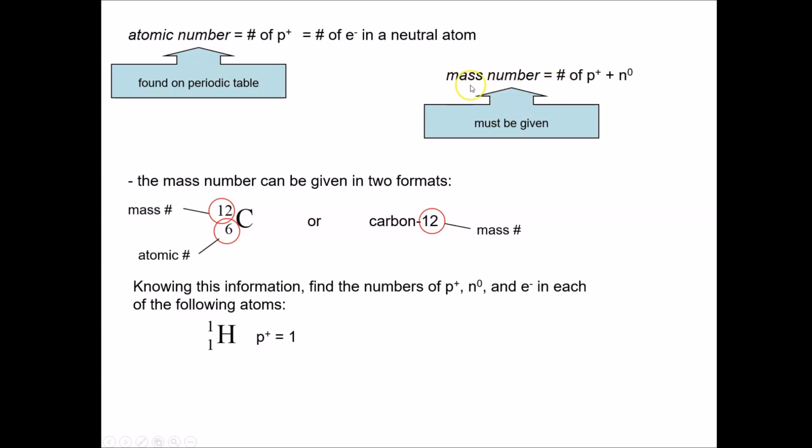So in other words, if you take mass number minus atomic number, that should give you just neutrons. So mass number, which is 1, minus atomic number, which is 1. Well, what's 1 minus 1? 0. So this particular atom happens to have 0 neutrons.